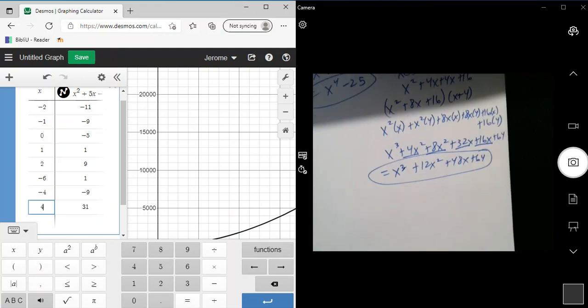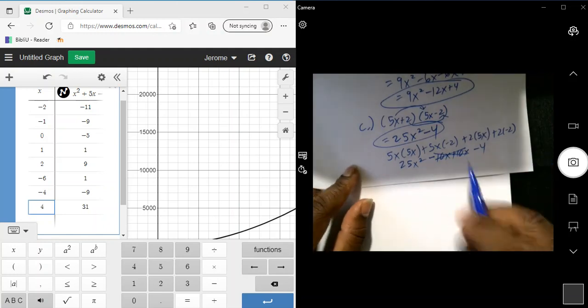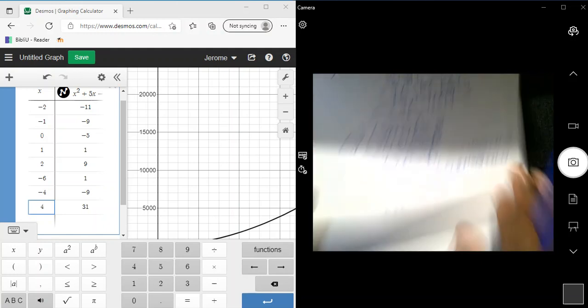Okay, now with F. It says in simplifying parts C and D, the product contains only 2 terms. Explain why. Now, when I did C, I showed you why, because the 2 values in the middle simplify each other out.